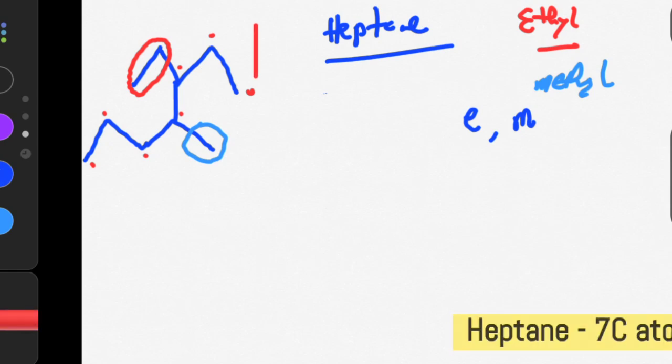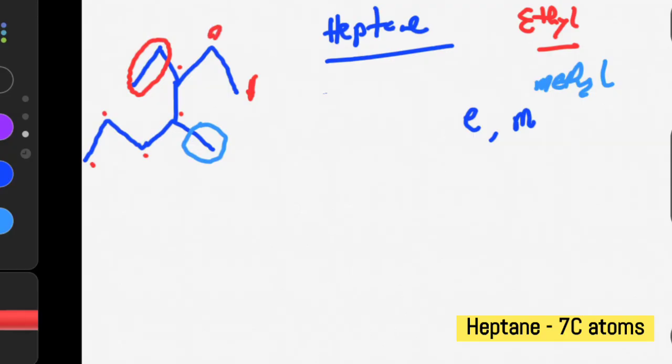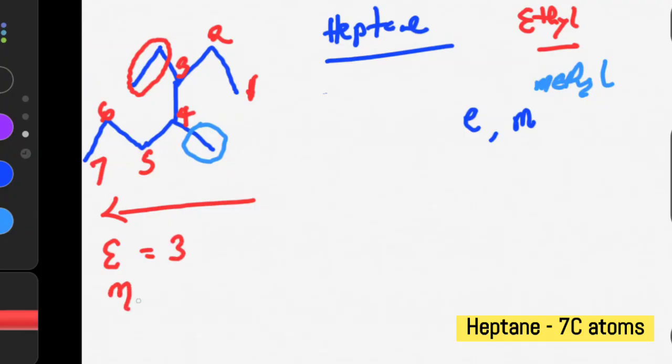If this is 1, 2, 3, 4, here is 5, here is 6, and here is 7, then going from right to left, our ethyl will be on carbon 3, while our methyl will be on carbon 4, as you can see here.